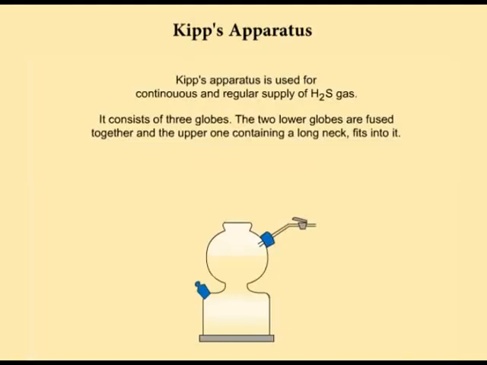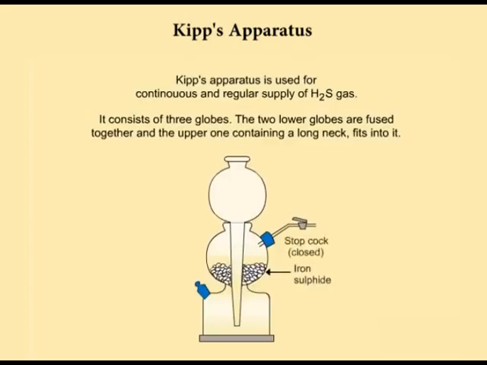A Kipp's apparatus is used for continuous and regular supply of hydrogen sulfide gas. It consists of 3 globes. 2 lower globes are fused together and an upper one containing a long neck fixed into it. Iron 2 sulfide is placed in the middle globe and is connected with a stopcock for the passage of the gas.